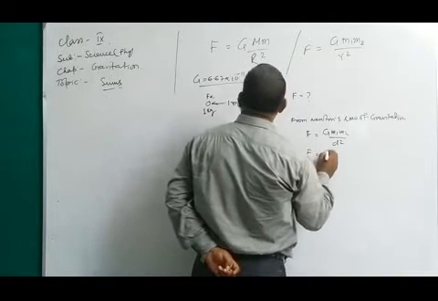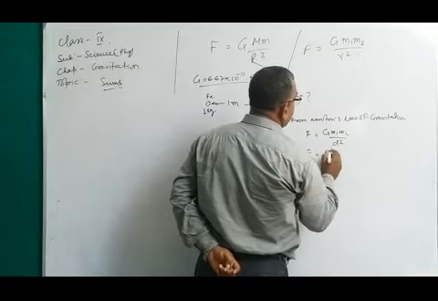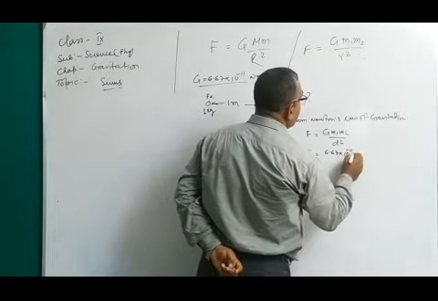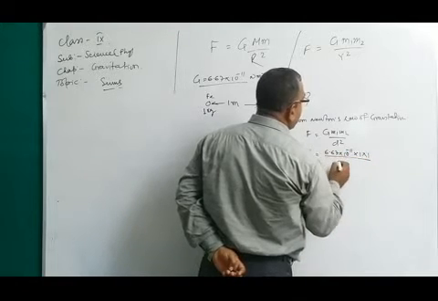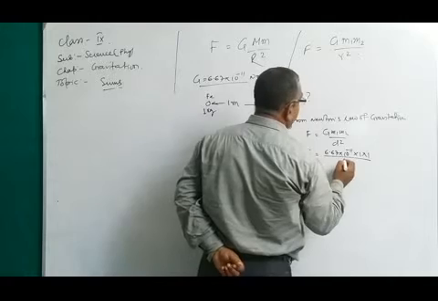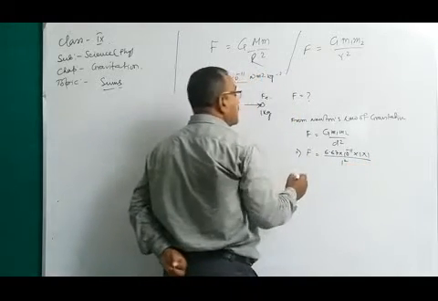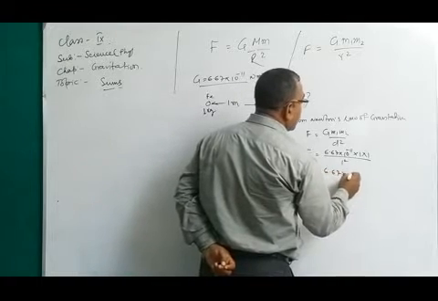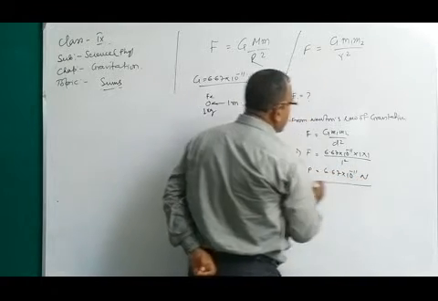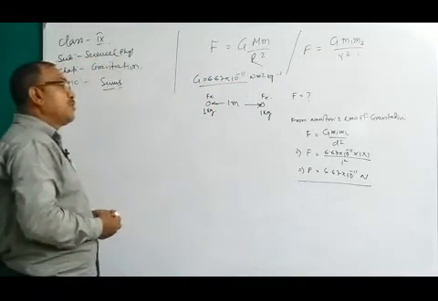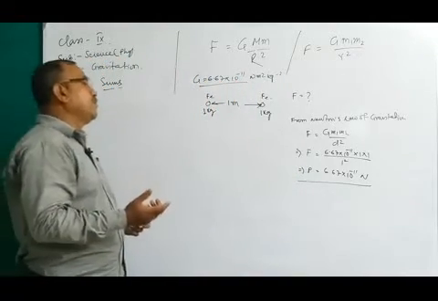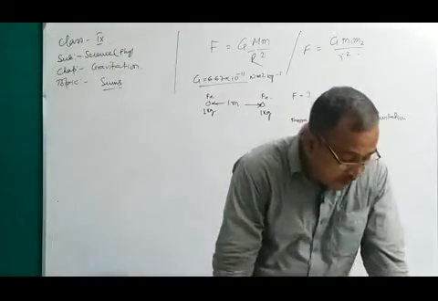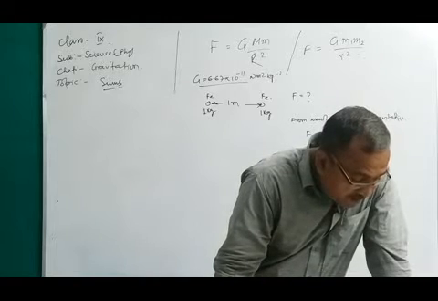G means 6.67 into 10 to the power minus 11, into m1 m2 by d square, means 1 square. So F equal to 6.67 into 10 to the power minus 11 Newton. That is the answer. Okay, next part.